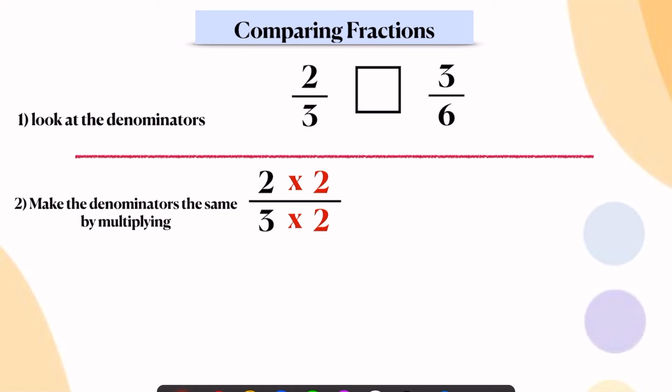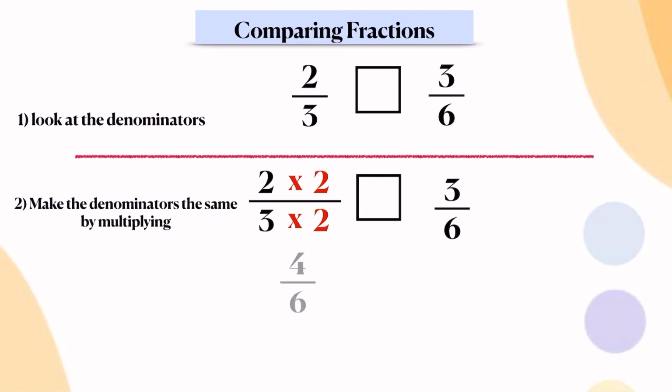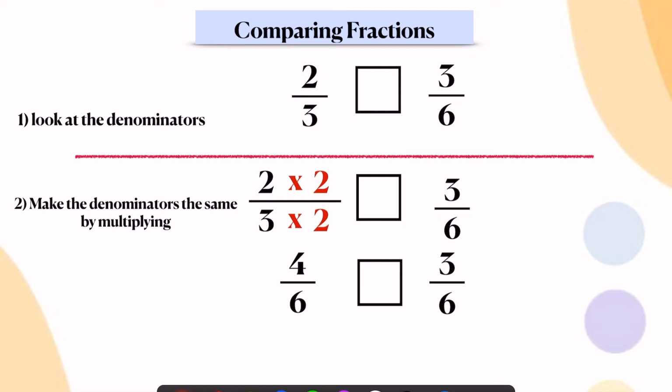If I multiply 3 by 2, I have to multiply 2 by 2 as well. So now we get 4 over 6. 2 times 2 is 4, and 3 times 2 is 6. Now, as you can see, we have the same denominator, so we can compare these two fractions.